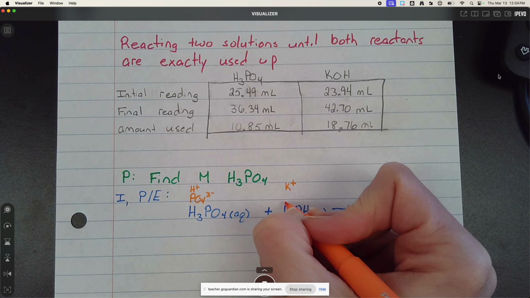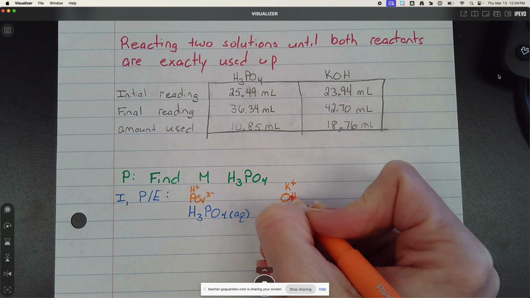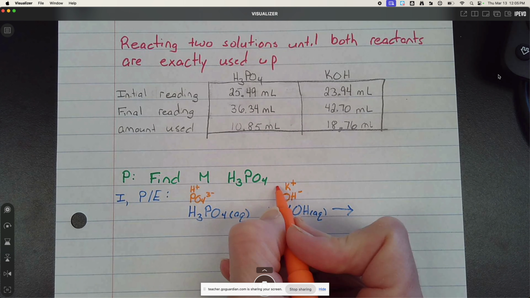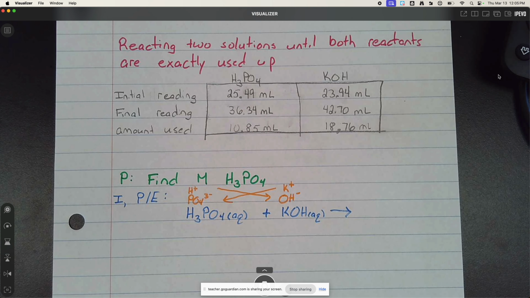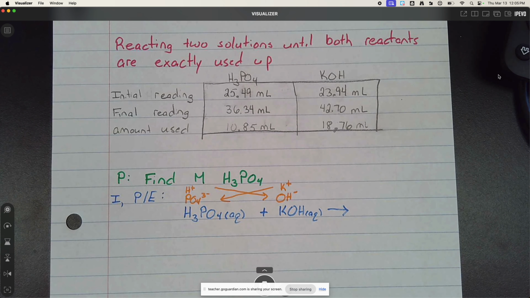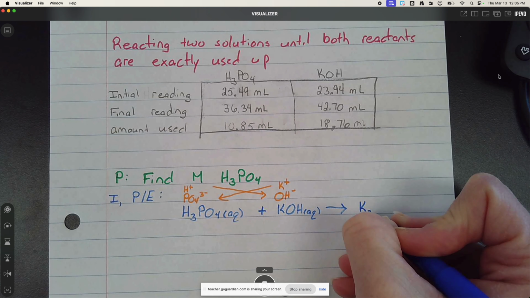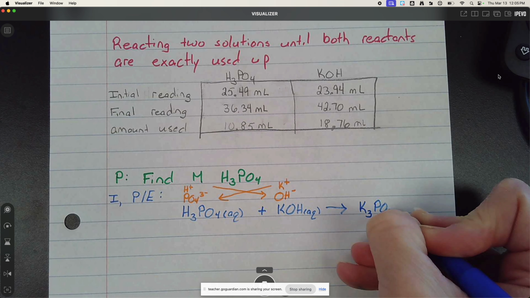Potassium hydroxide consists of potassium ions and hydroxide ions. And our double replacement says everybody has to trade partners. Once we trade partners, we got to write good chemical formulas. So the potassium's going to get together with the phosphate, but it has to do so as K3PO4.